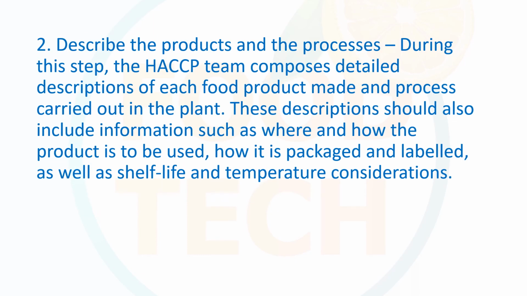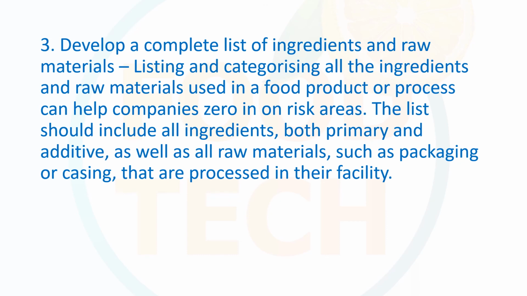Then the details should be given, such as how labeling and packaging are done, the shelf life of the product, and temperature considerations. Then the list of ingredients and raw materials required should be given, and what risks come from that raw material, if any, and what additives are used should also be considered.